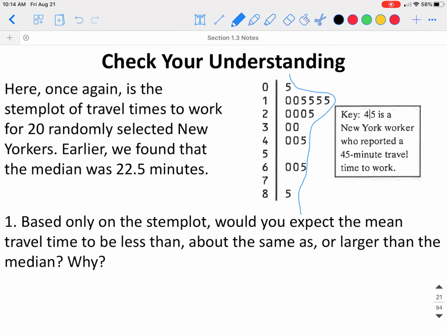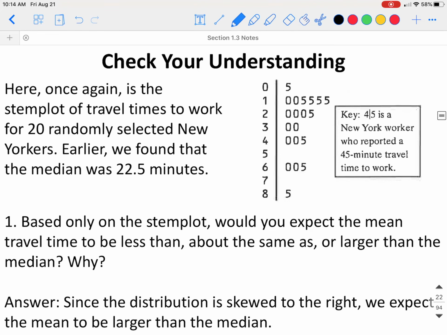Because it is skewed, we know that the mean and the median will not be the same because the mean is not resistant. The mean will always be pulled towards the longer tail, or the direction of skewness. Since this is skewed to the right, the mean will be farther to the right than the median. So the mean will be larger than the median.